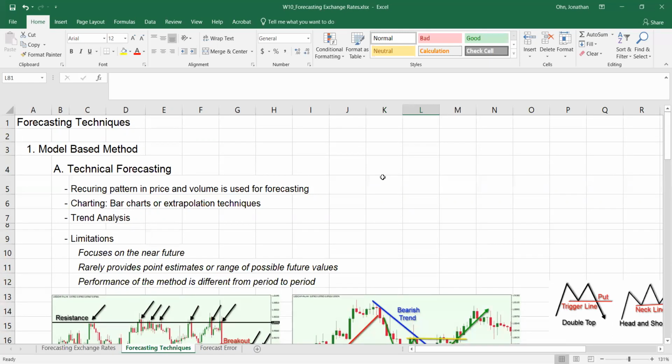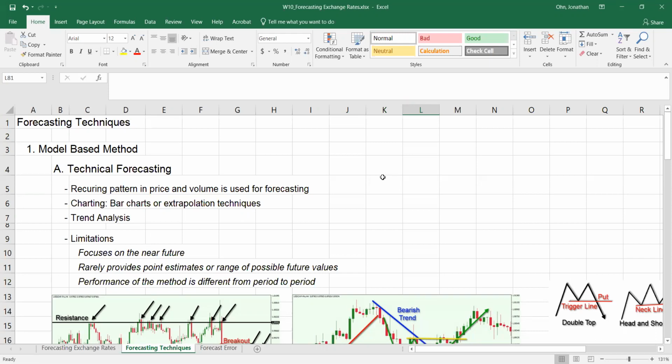Recurring patterns in price and volume are used for forecasting: charting, bar charts, extrapolation techniques, and trend analysis. Then the limitations.